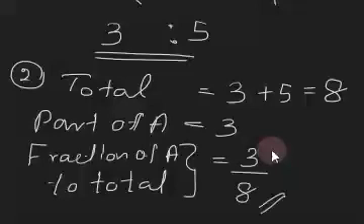This is the second one. First of all, you have to find the total by adding these terms: 3 plus 5, 8. That's the total parts. Out of those 8 parts, only 3 parts belong to A. So 3 over 8.